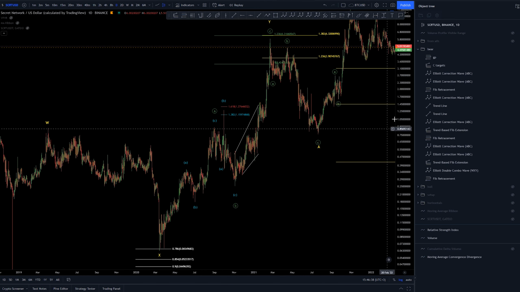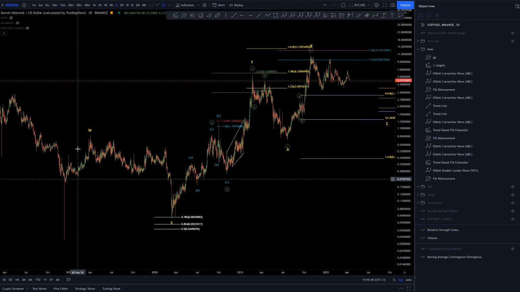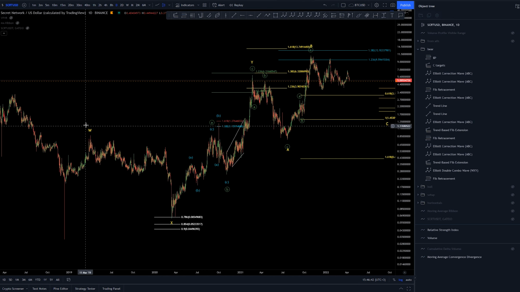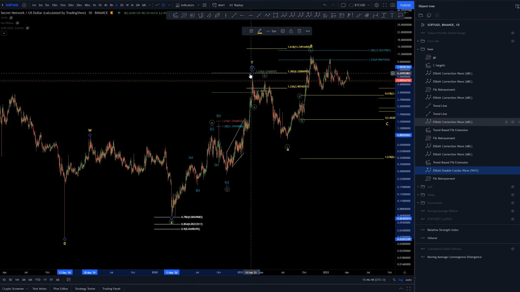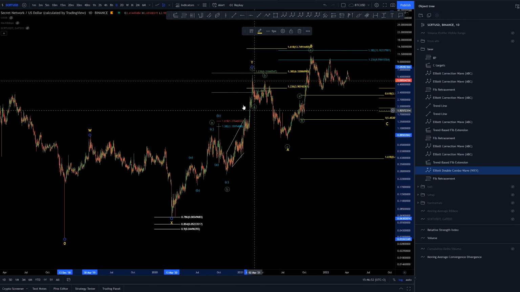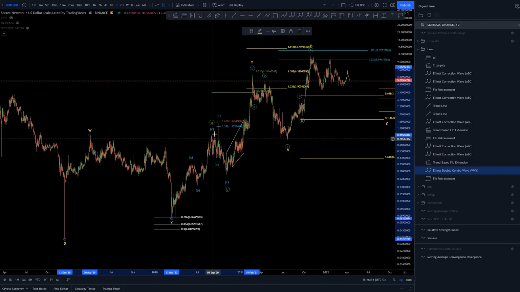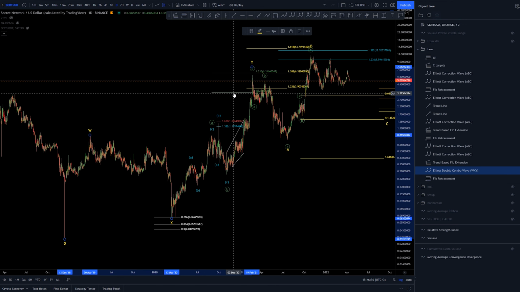Here we can see again, for the larger correction, this WXY, we had these targets. The targets hit here around the 1.382, and for this lower time frame A, B, C, we again hit the same area, 1.236 area.